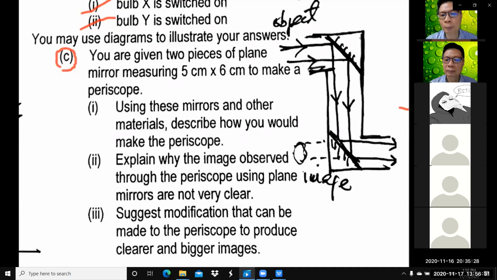The periscope is focused to a distant object.